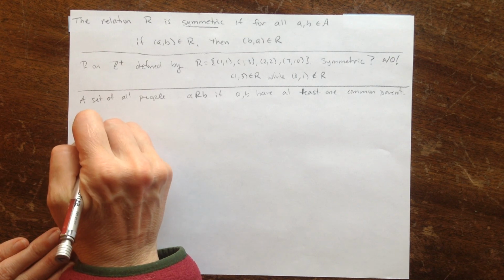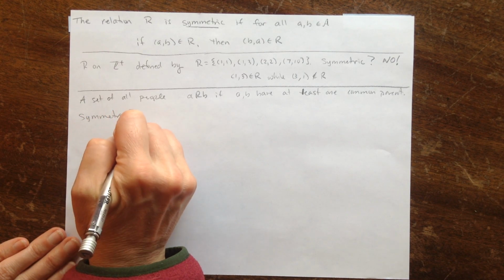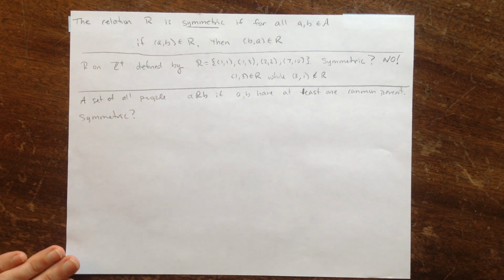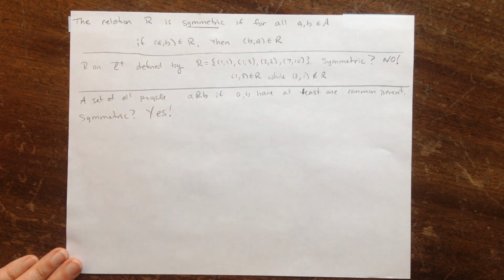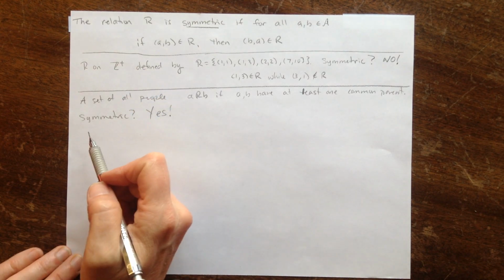Symmetric? So if you have an ordered pair in that relation, the first person in the ordered pair has at least one parent in common with the second person, so the second person has to have at least one parent in common with the first person. So this is definitely symmetric.